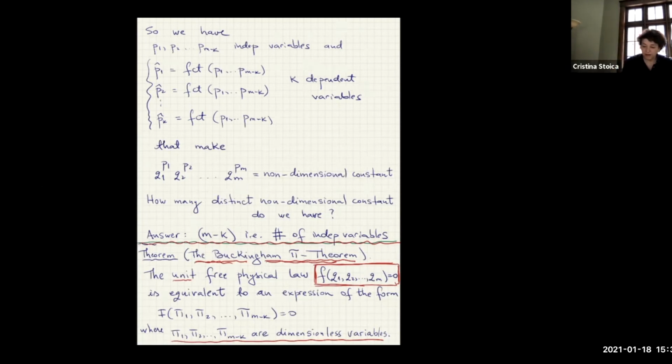So if we start with m, which could be 5, we might end up with 2 that are relevant and distinct in that problem. So that's where the gain is. I repeat, not only are we making the model consistent, but the gain is that we can describe that phenomenon with a lesser number of variables, and only those variables are relevant.